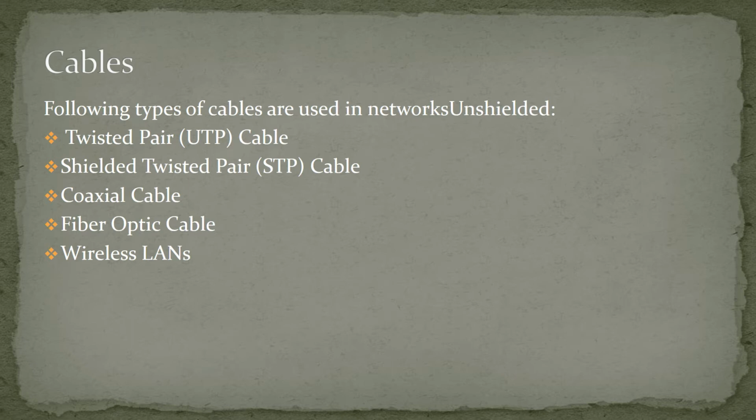A little bit more advanced technology is the STP, that is shielded twisted pair cable. Then we have the coaxial cable. Then we have the fiber optic cable and then the unguided media, that is wireless networks.